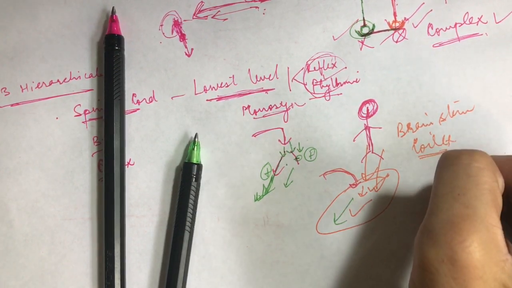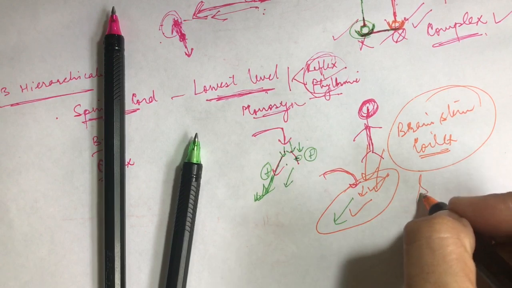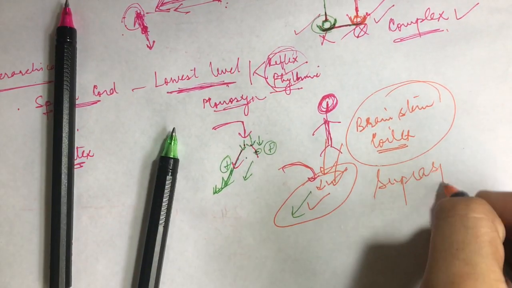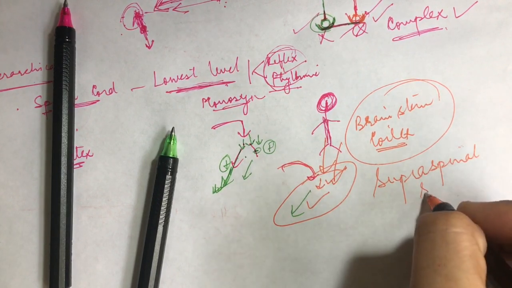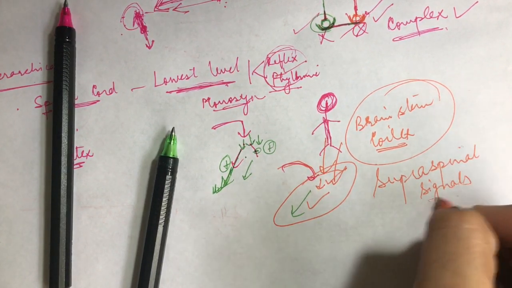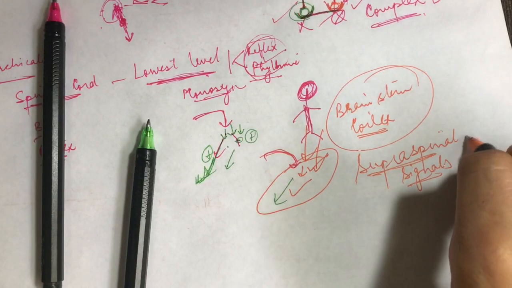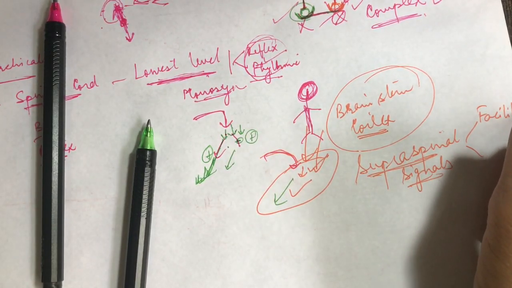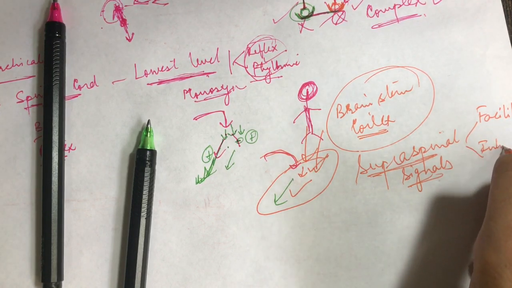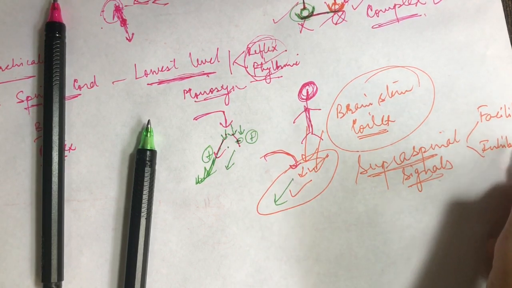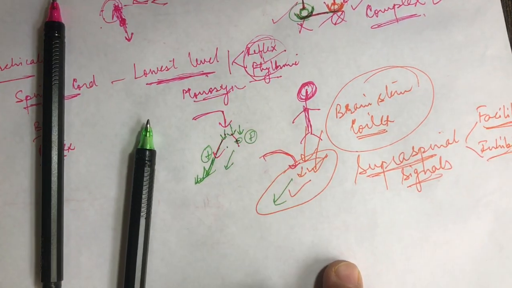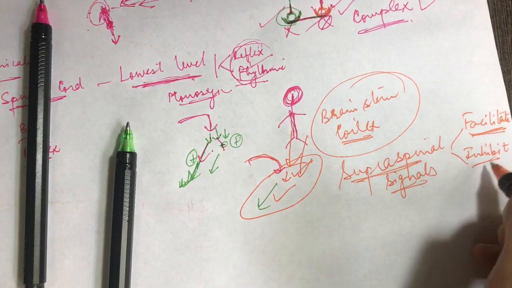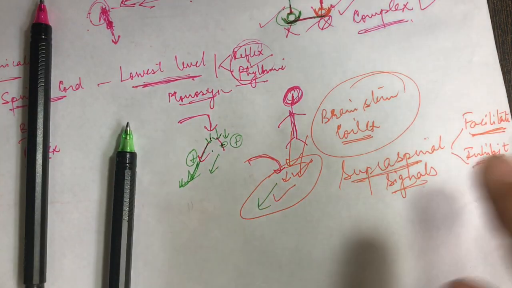These signals are called supraspinal signals. These supraspinal signals either facilitate or inhibit the response, depending on what kind of reflex has to happen. This facilitation and inhibition we will cover in the coming slides.